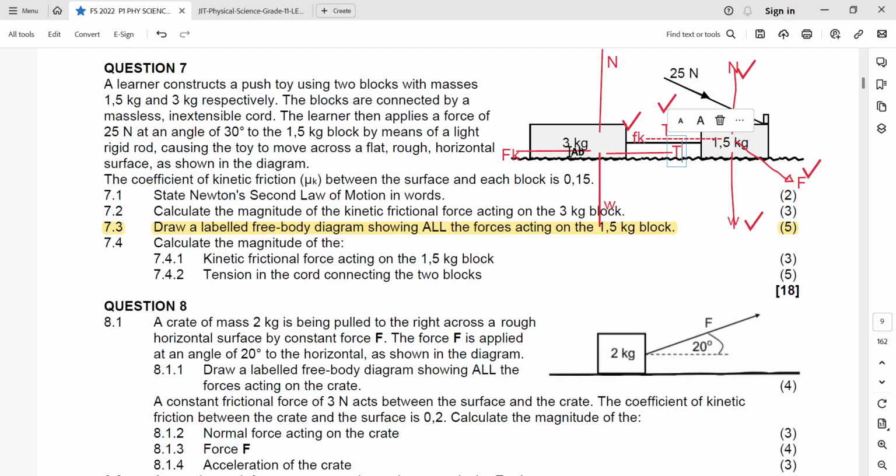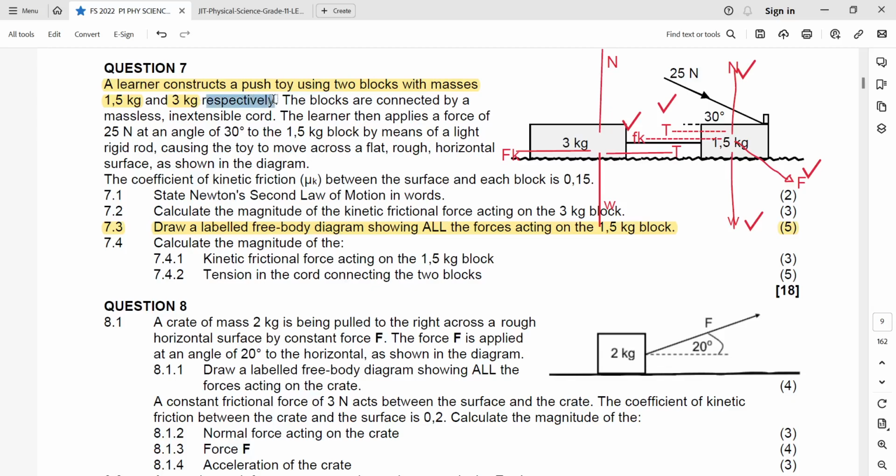Let's read the question. Sorry, the statement. Elena constructs a push toy using 2 blocks with masses 1.5 kg and 3 kg respectively.